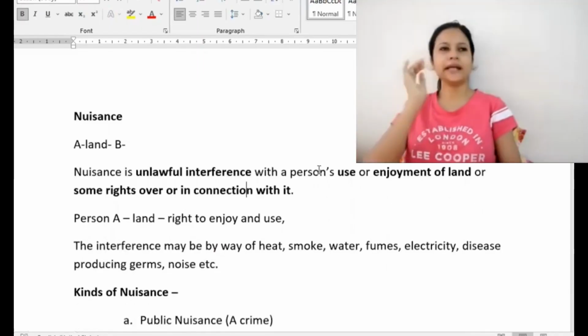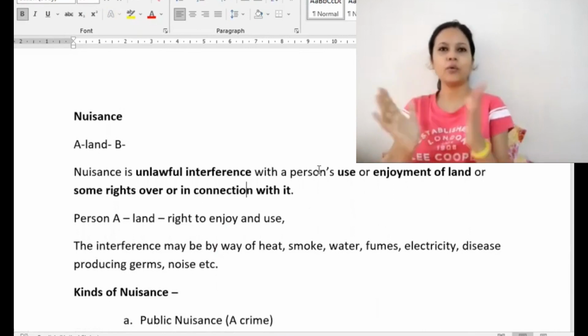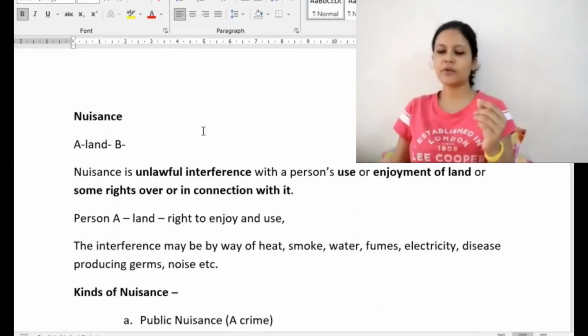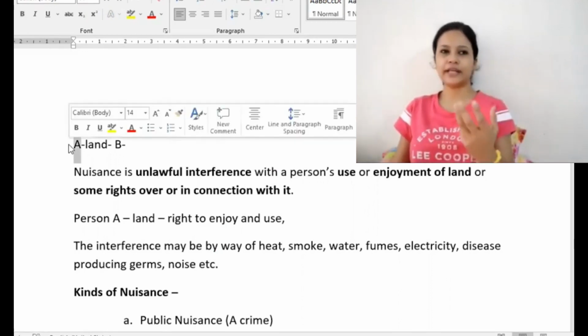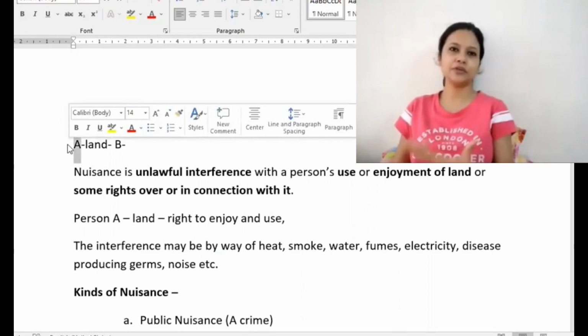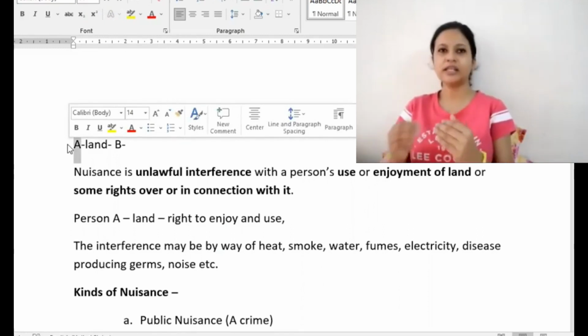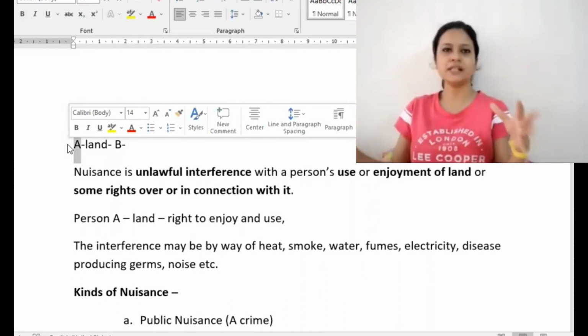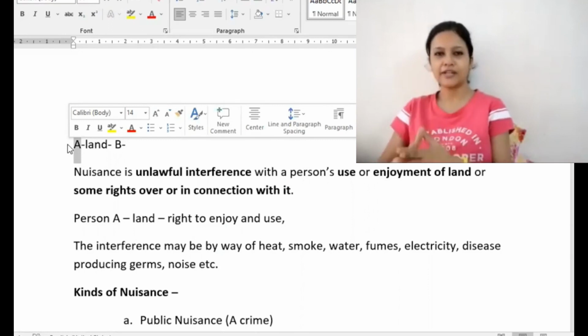Now, take for example, you are the owner of a certain plot of land. Just because you are the owner of a plot of land, the law provides you certain absolute rights, that you can enjoy that plot of land peacefully to the exclusion of others. That is a right given to you.